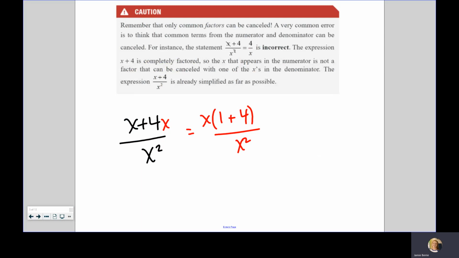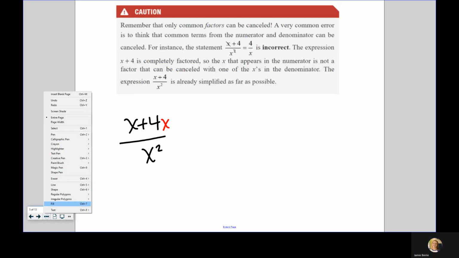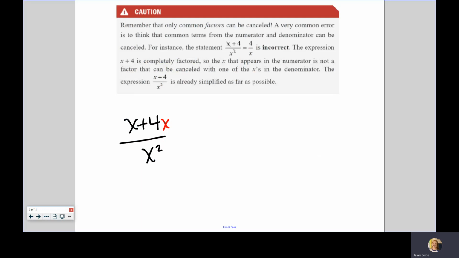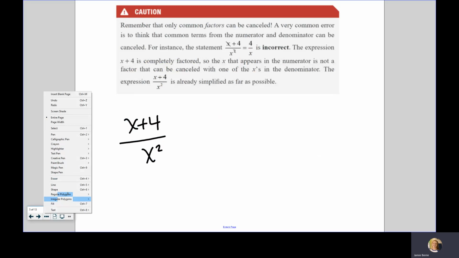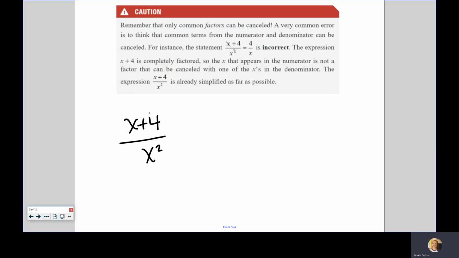And then you could cancel the x's. But you're not allowed to cancel when you just have an x in the top and an x in the bottom. You got to have an x in every single term that's in the numerator.